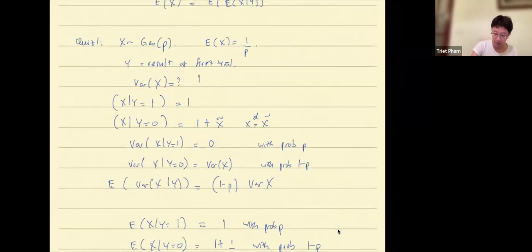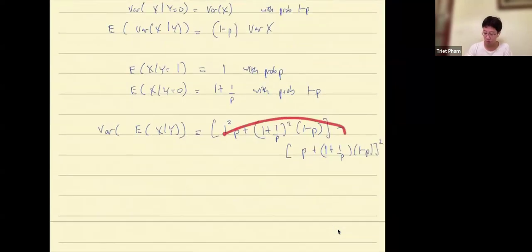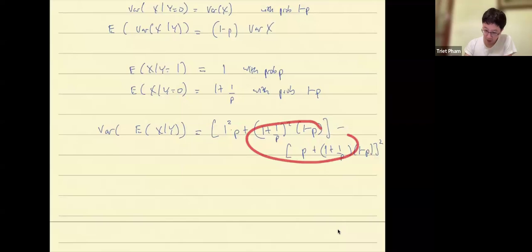The answer is supposed to be 1 minus p over p squared. How do we know this? Well, we just look it up online. So this is the supposed answer, and we want to be able to verify that. So let's work this out a little bit more.